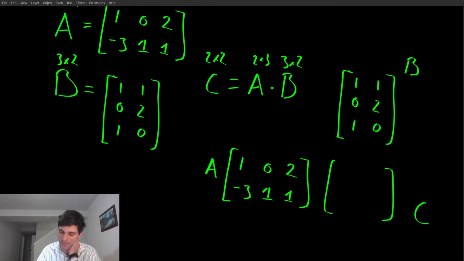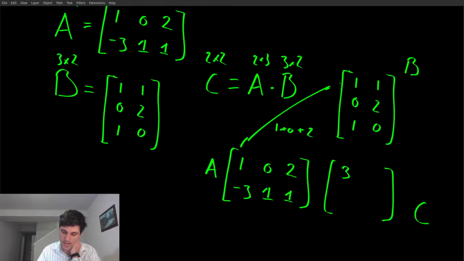For each one of these, I'm just going to do the inner product. So 1 times 1, that's 1, plus 0 times 0, that's 0, plus 1 times 2, that's 2. So I get 3 as this element of my C matrix.